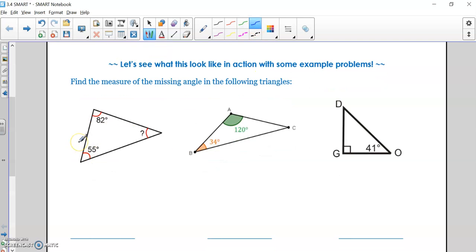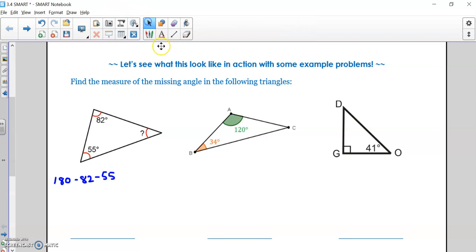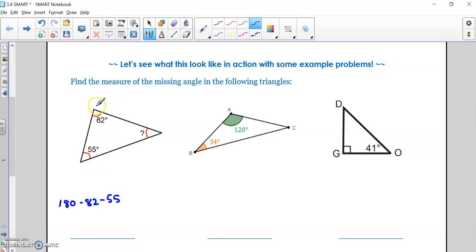So for this first one, we know that the first two angles are 82 and 55. So if all of them have to add up to 180, then we can figure out what this third one is by subtracting those from 180. Okay, and perhaps a better way to talk about this before we do it that way is to note that 82 plus 55 plus some x, we'll call this x, all has to equal 180.